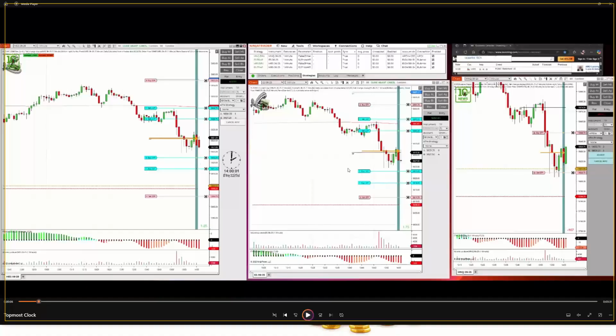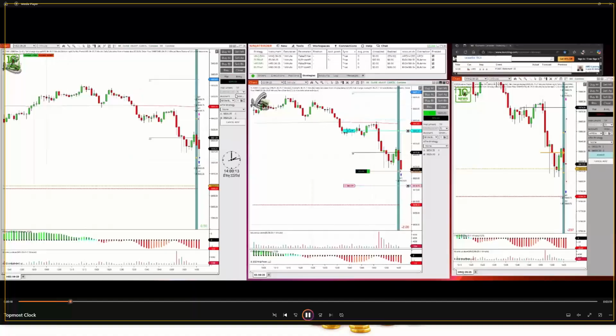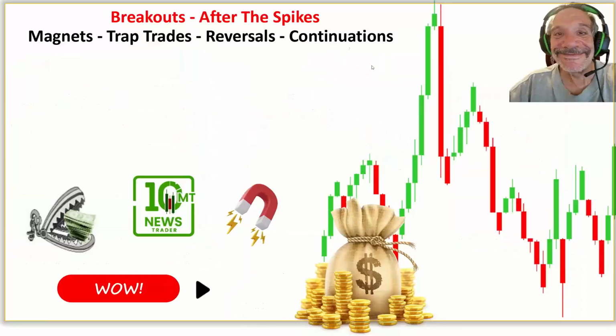And this is our trap trade. If the market goes up, we sell the market. If the market goes down, we buy the market. It's an event that we studied and we believe it's going to reverse. This was a recent FOMC trap trade that made an instant $600 in profit because it reversed immediately. And that's a trap trade.